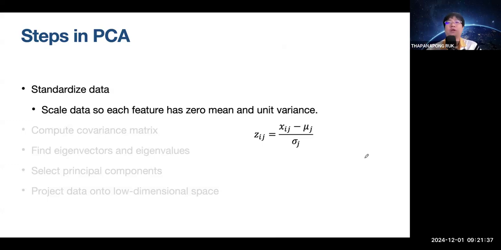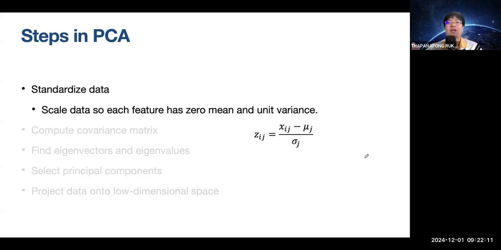And later on, when we do the code in Colab, I will show you both ways. I will show you how to do it using the library package, and if you want to do it by hand, it's actually simple to do by hand because we have a linear algebra library that you can also use. PCA relies on linear algebra, so hopefully you review your linear algebra knowledge.